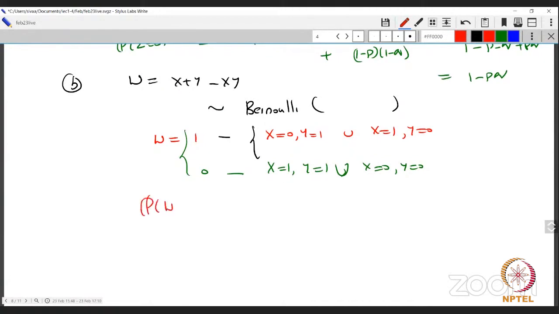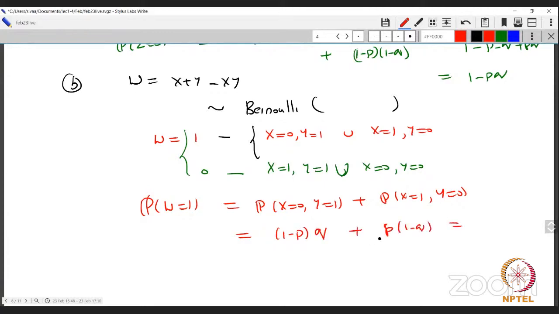W equal to 1 is the same as the probability X equal to 0, Y equal to 1, plus X equal to 1 and Y equal to 0.